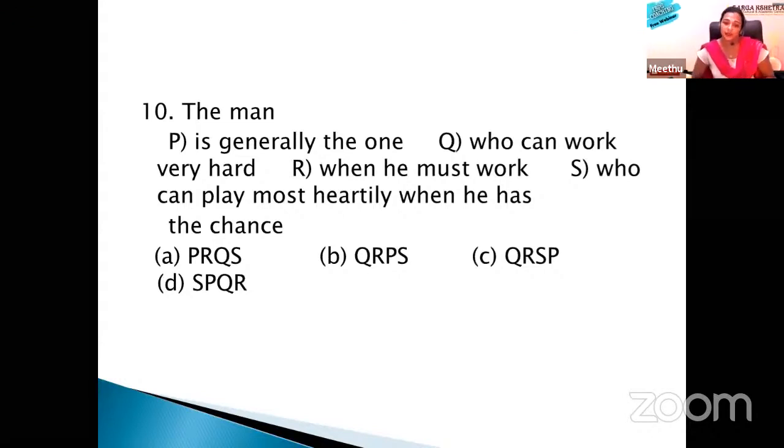Just give a try. The man is generally the one who can work very hard when he must work, who can play the most hardly when he has the chance. Somebody give me an answer.